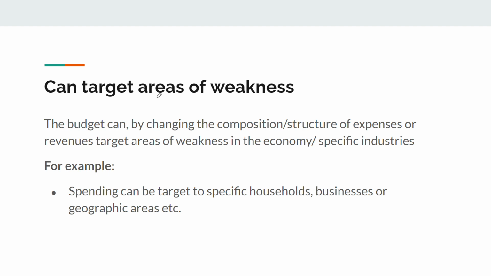We could target households that are relying on medicines and are affected by high cost of living. We could even target specific businesses in specific areas. Over COVID, areas that were relying on tourism could be targeted via budgetary policy. Monetary policy cannot target. It affects the whole economy. So a strength of budgetary policy is it can target areas of weakness in the economy.